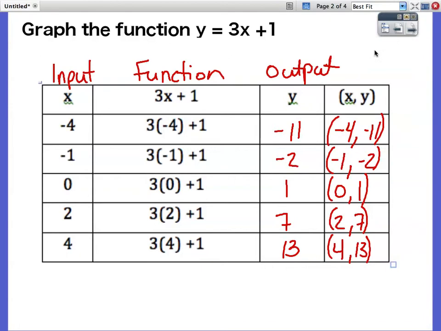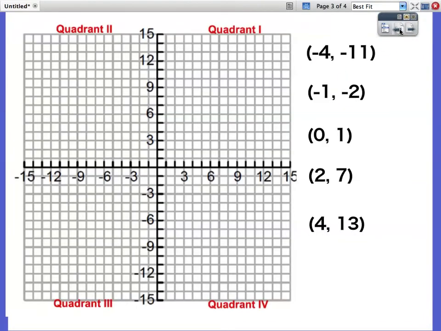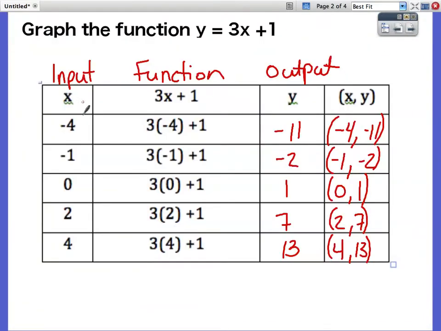Okay, so we calculated all these points, and the way we calculated them was we plugged in the numbers that I chose into the function to get our y's, or to get our output. So remember, this was y equals all this stuff. This is what we originally had. So because y equaled all this stuff, y became -11. Y became -2 when x is -1.